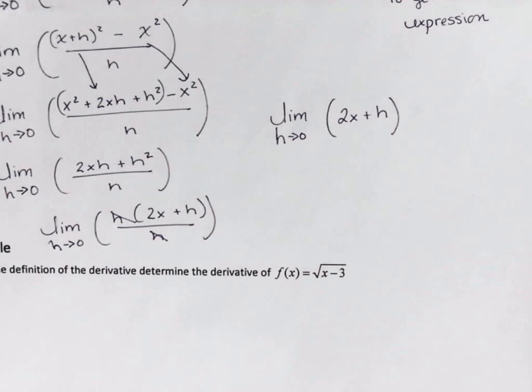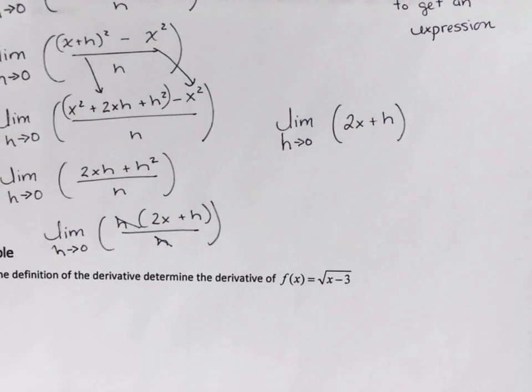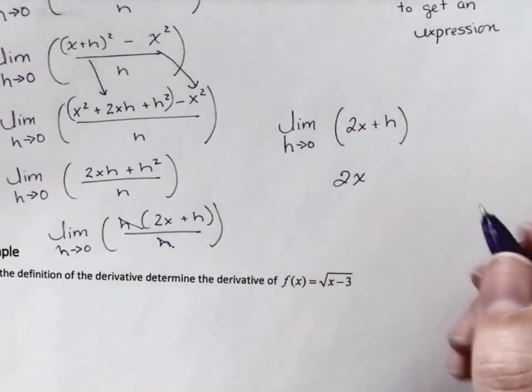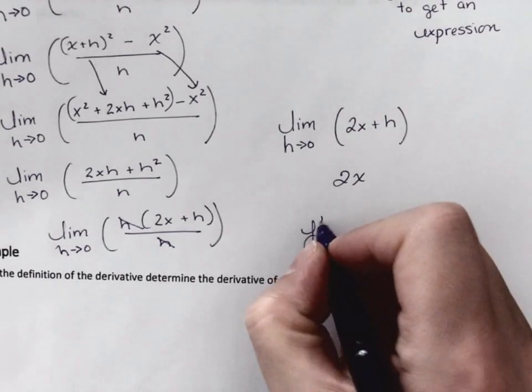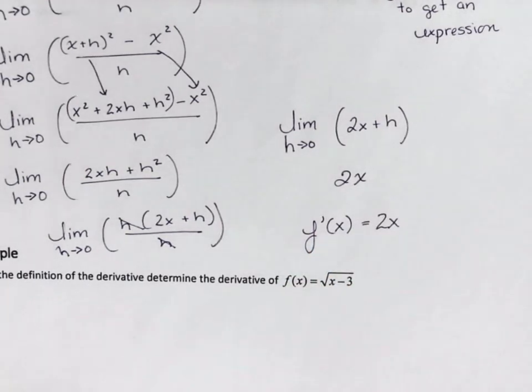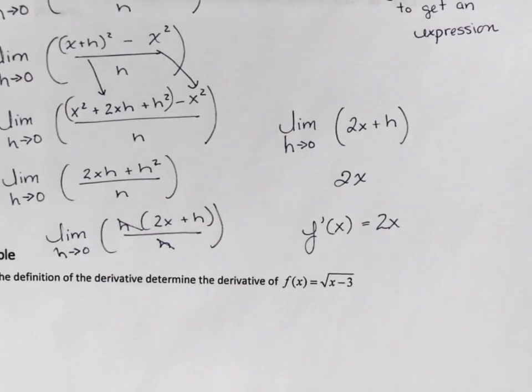So if we do direct substitution at this point, what's my simplified expression? 2x. So we would say f prime x is equal to 2x. So this is the equation of the first level derivative.